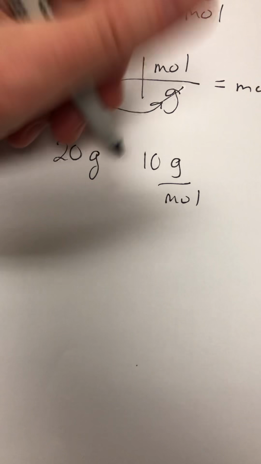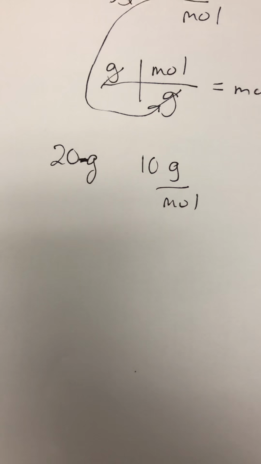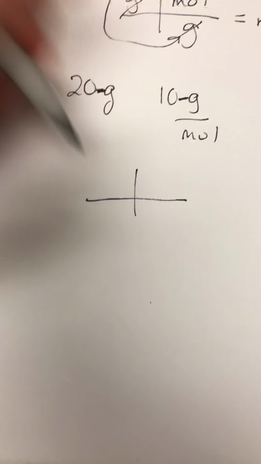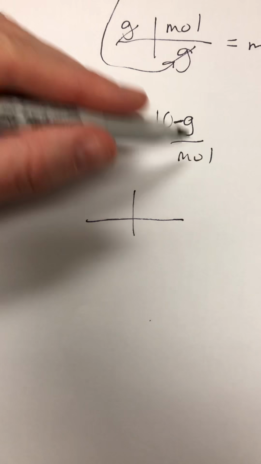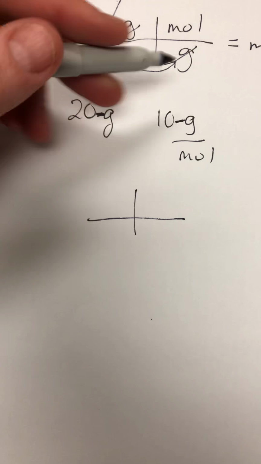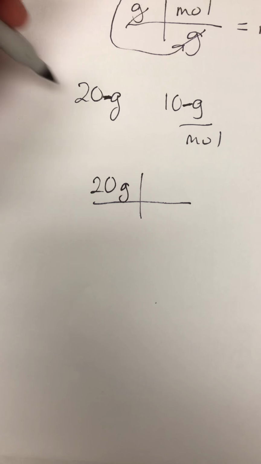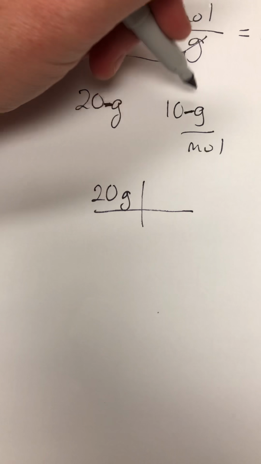Let's go ahead and add some numbers to it. So if we have something like 20 grams and 10 grams per mole, here are the rules. This 20, the number always is going to stick with the thing it's next to. So now when we go to put these together, we're going to take the lone unit. This is one, this has two. We're going to take the lone one. And if this is grams, we must put grams here.